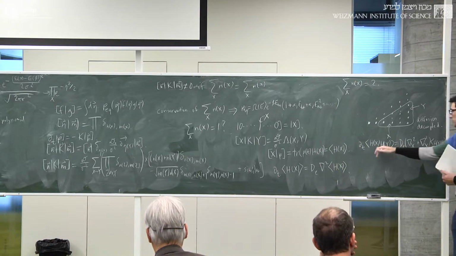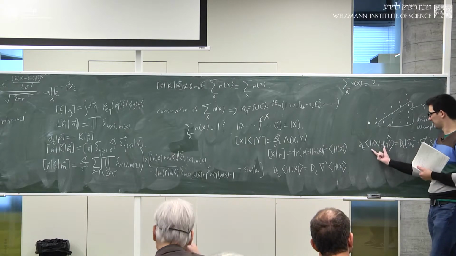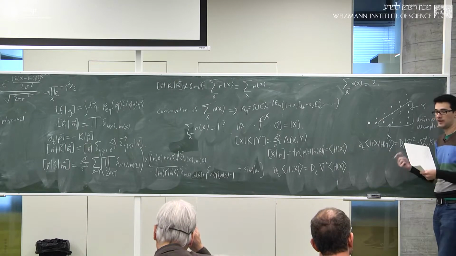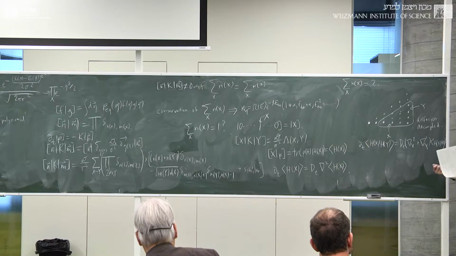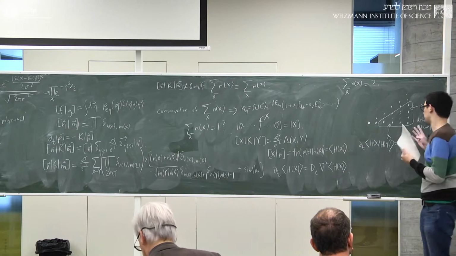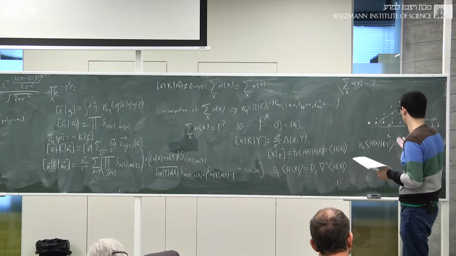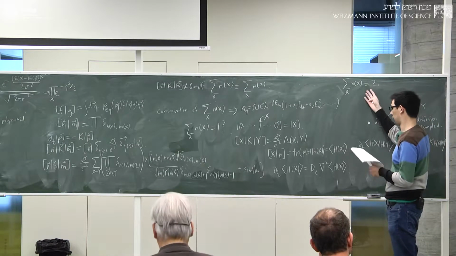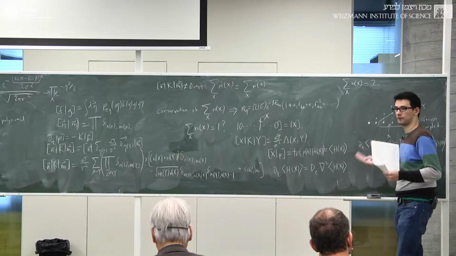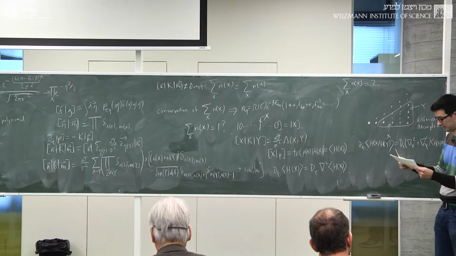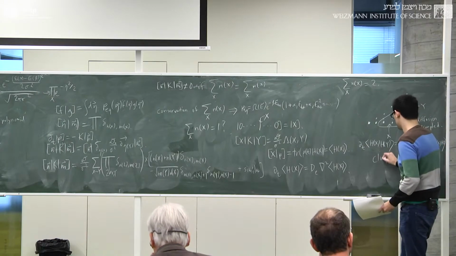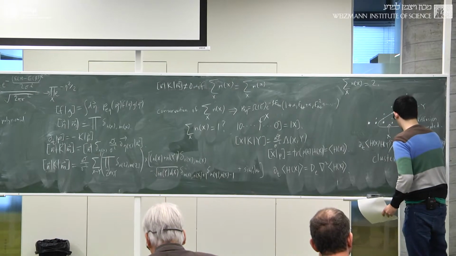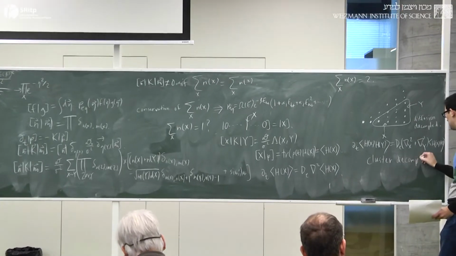So this correlation function of two excitations, h of x and h of y, actually contains no physics beyond the single excitation sector. So actually everything that we would care about if we have two excitations, we already know from our theory of a single excitation. This would often go by the name of cluster decomposition.